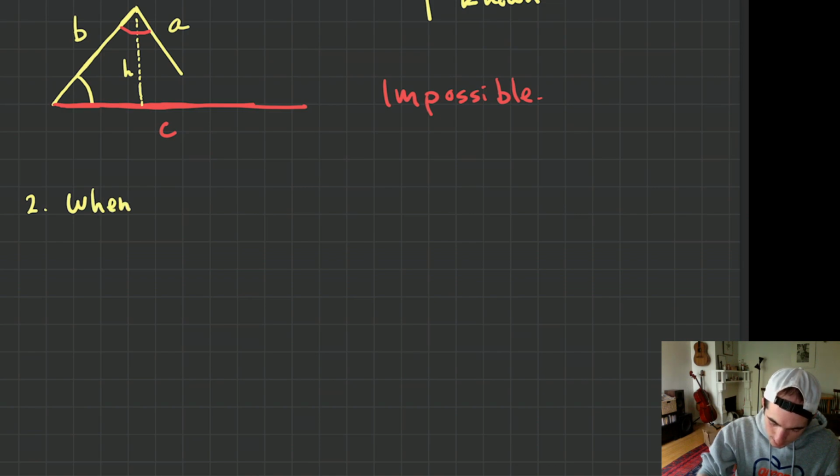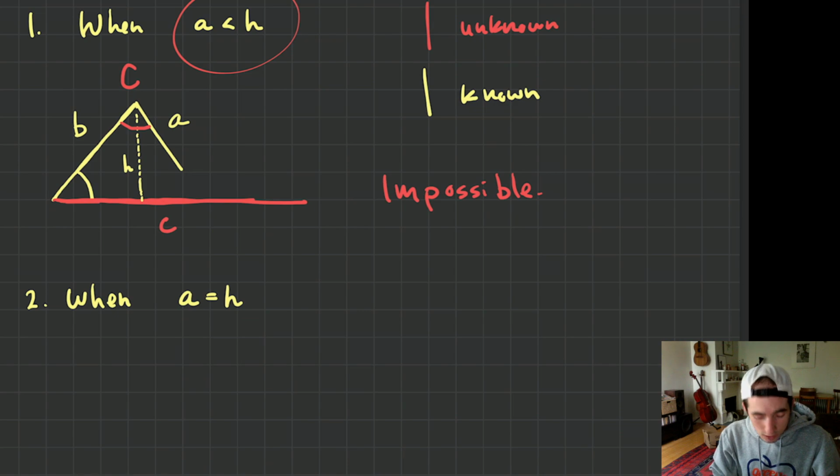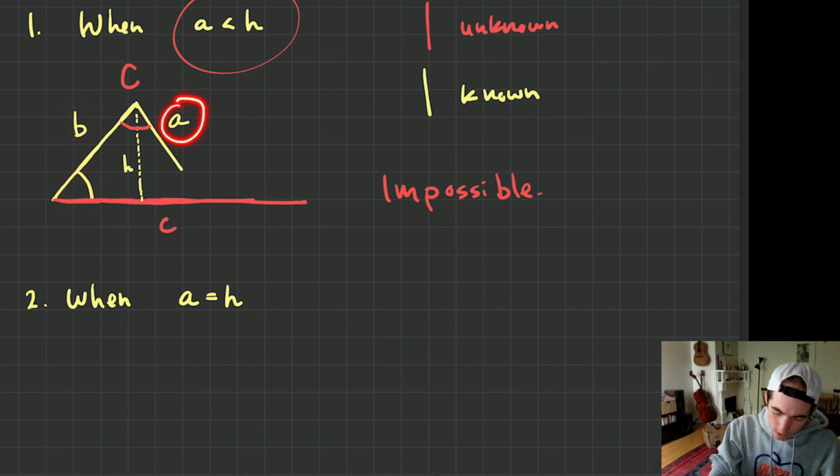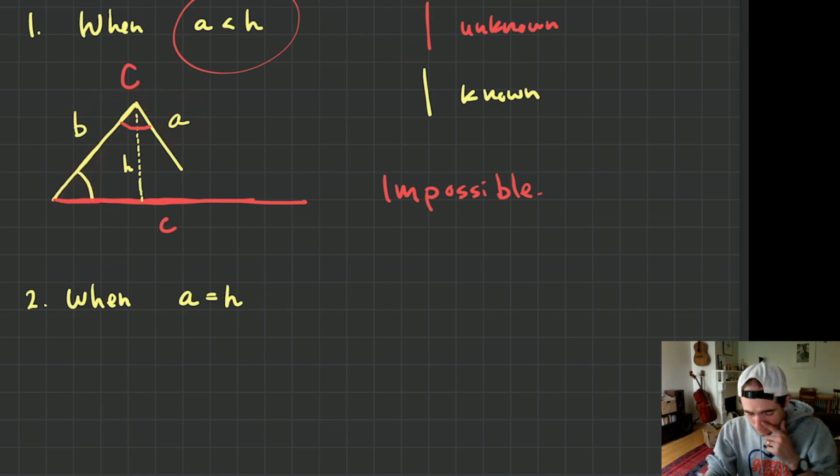This is when A is equal to H. Okay, so all of this really hinges on the length of A, right? I mean, H plays into it, and H is a function of this angle and B, right? So we really are comparing A to both B and our angle A here.